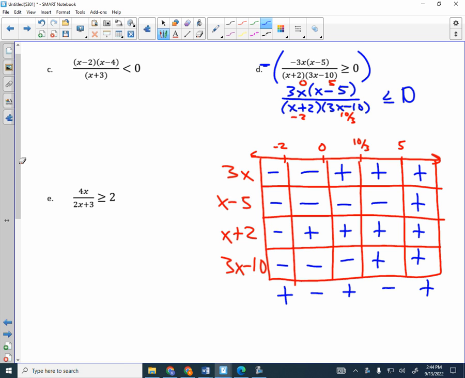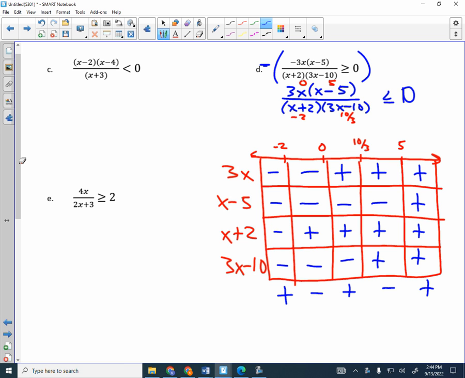So the idea is you're multiplying and dividing positives and negatives. So if you were to multiply 3 negatives and 1 positive, would the result come out positive or negative? Negative. If it's an odd number of negatives, it's negative. If it's an even number of negatives, it will be positive. Does that make sense? Yes.